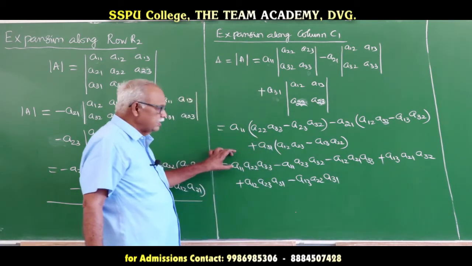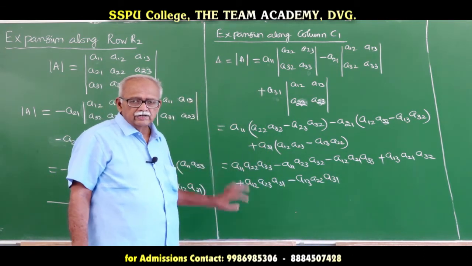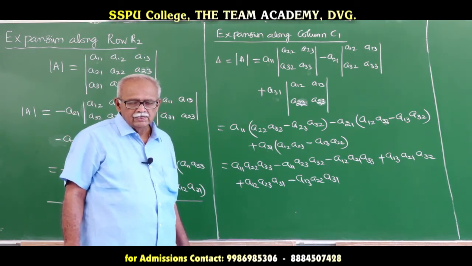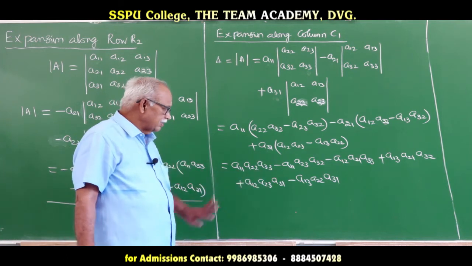So, this is the final calculation. Here A11, A12, A23 are all numbers, so we will get a result here.